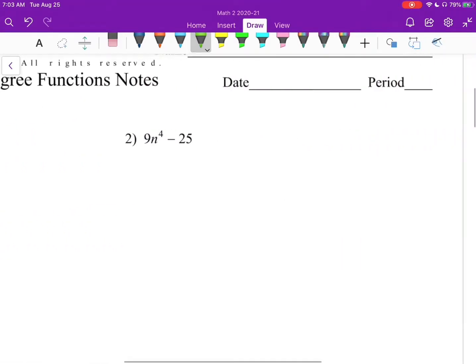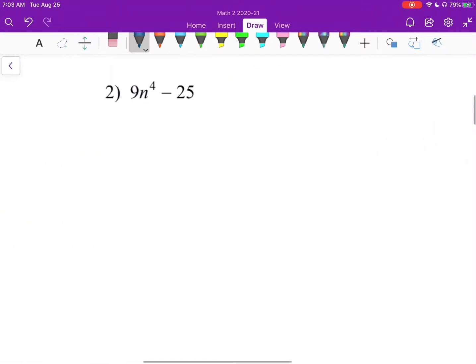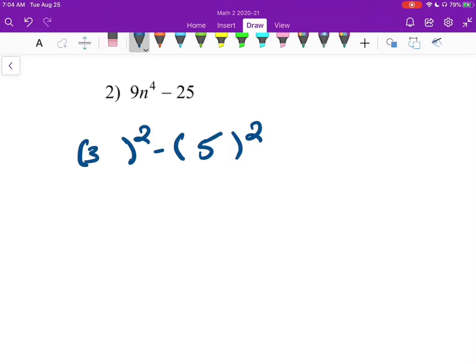Okay. Number 2, same plan. We need to rewrite it as something like this. We have another 25, so we know that's going to be a 5. We have 9, so I think we know that that's going to be a 3. The n to the 4th, well, here we have a square, so inside it we're going to have n squared, right?